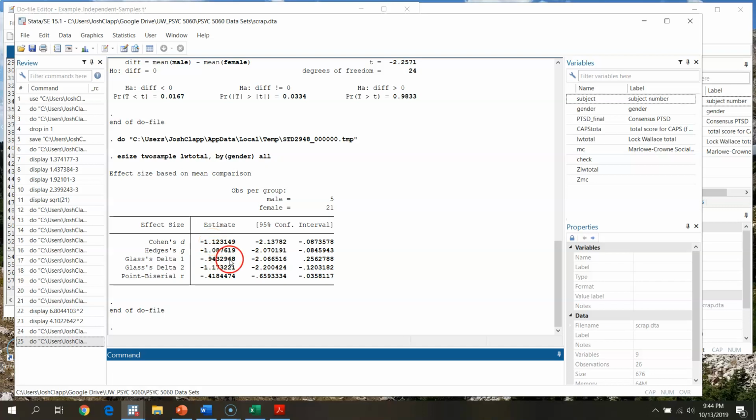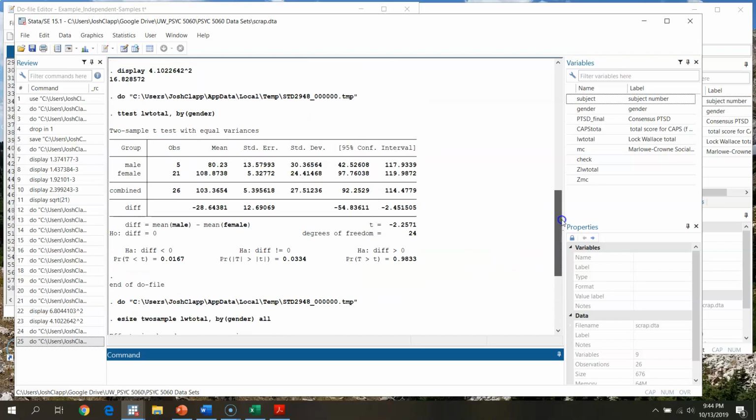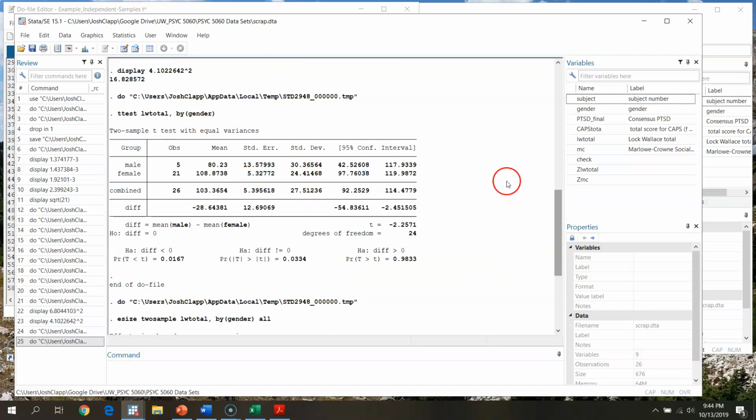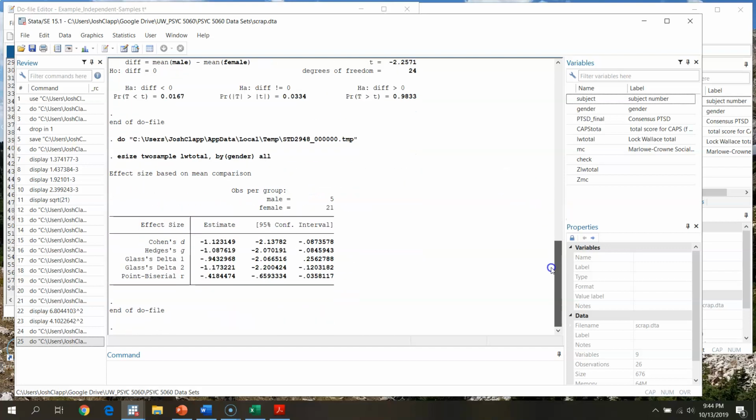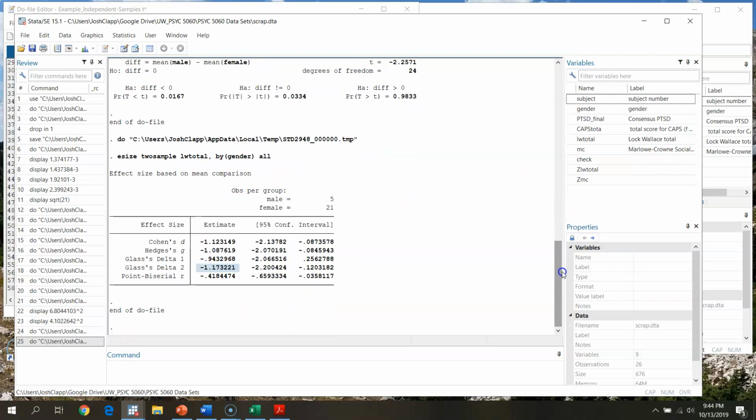Okay, we've also got Glass's delta 1, so this is Glass's delta using the standard deviation for men as our standardizer. Glass's delta 2 is what the effect size would be if we used the women's standard deviation as the standardizer, and then a point biserial.